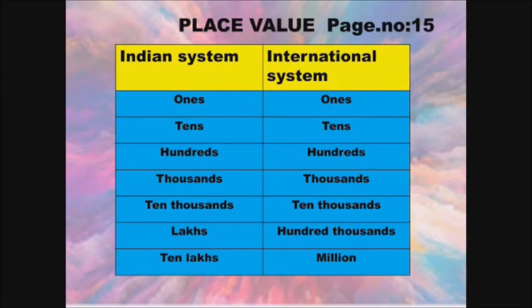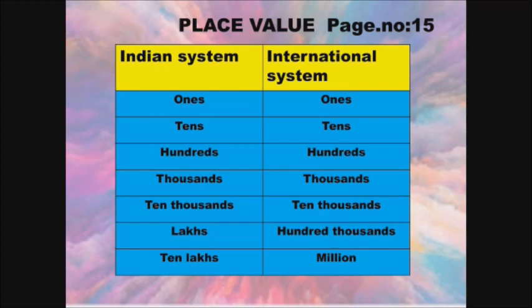Place value in page number 15. We have two systems of numeration. One is Indian system and another one is international system. First we can see Indian system place value chart. See here ones, tens, hundreds, thousands, 10,000s, lakhs and 10 lakhs.